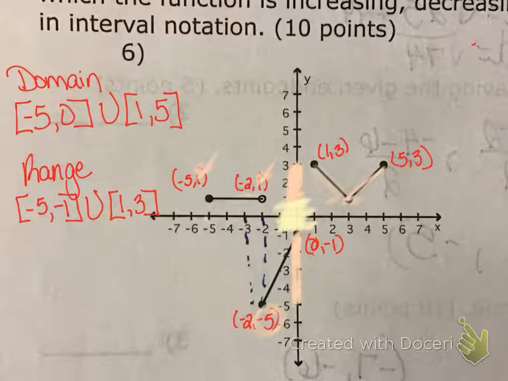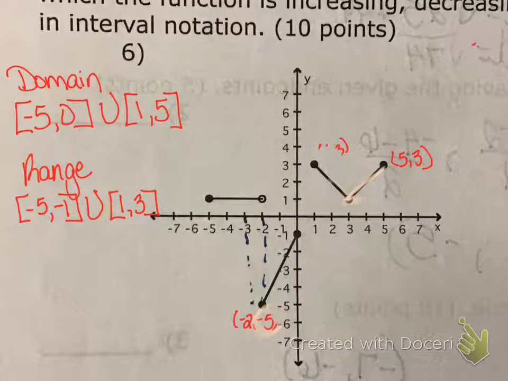Okay. I think the domain and range is what threw people a little bit more than increasing and decreasing. So I am going to go ahead and write those ordered pairs again.